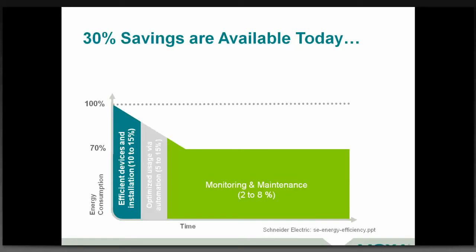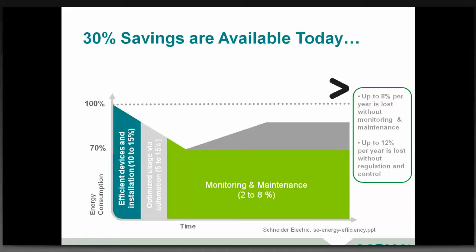And this is important. The more important part that folks often forget is that when you do this, if you don't stay with this program, you can lose a significant amount of your savings. So again, you have to stay with this program. Especially those of you folks that haven't implemented these programs, it's real important for your team and your management and the others within your organization to understand that there is some expenditure needed to keep this as an ongoing process.